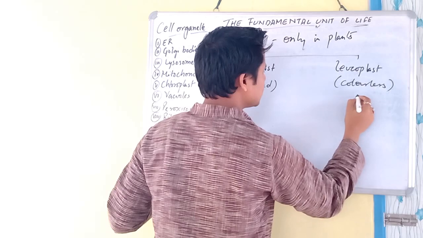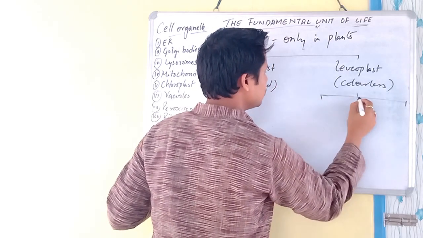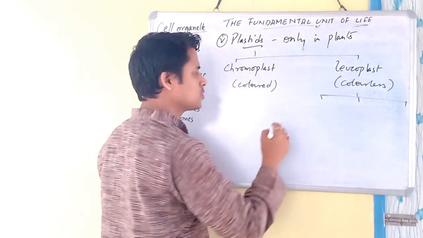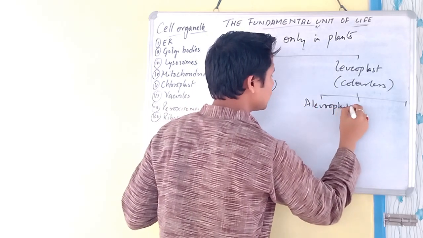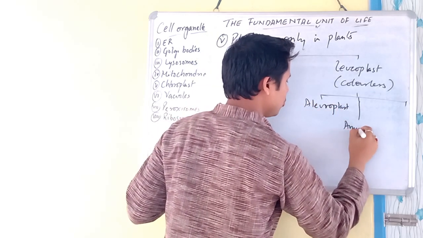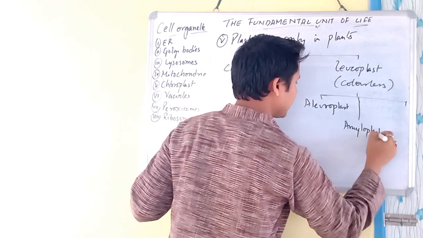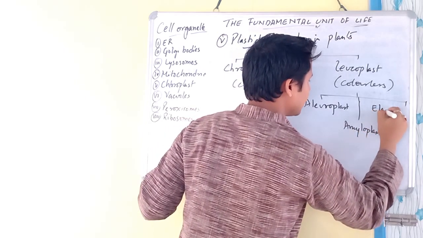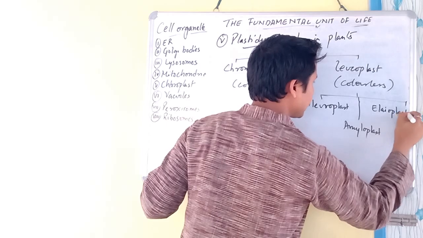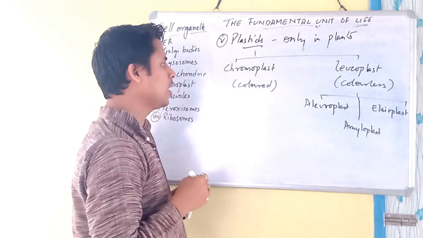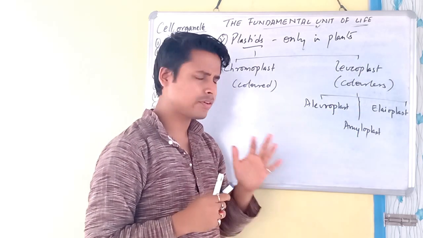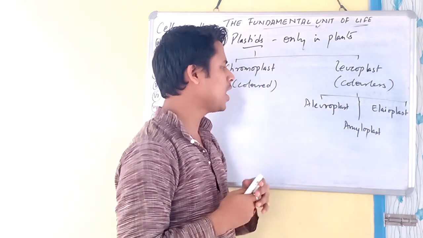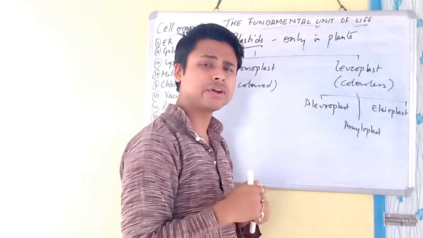The leucoplast is categorized into three groups: elaioplast, amyloplast, and aleuroplast. Now the function of the leucoplast is storage.